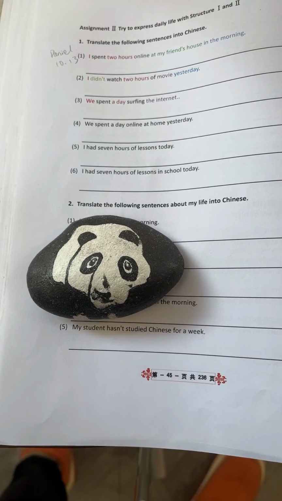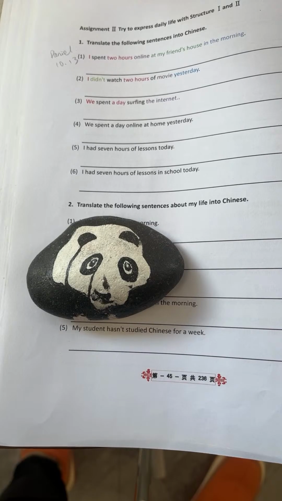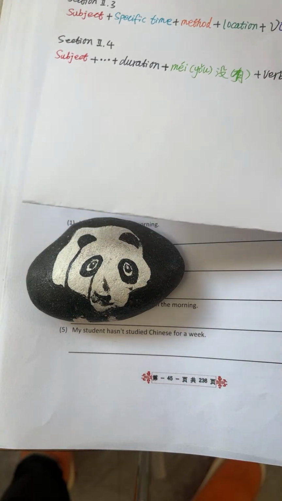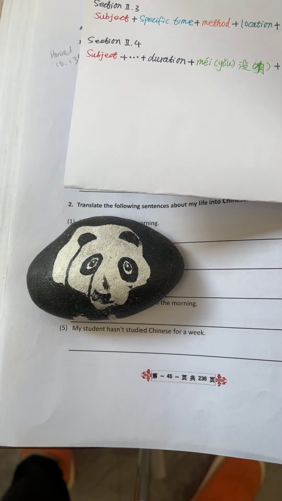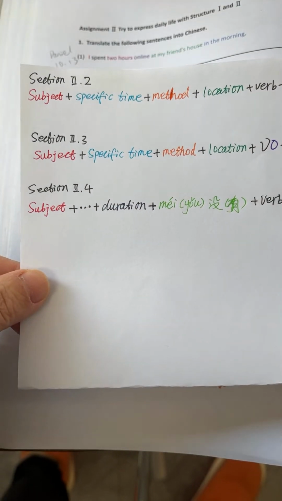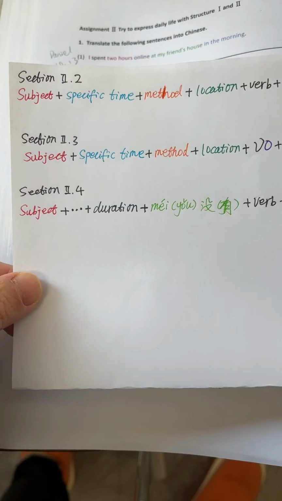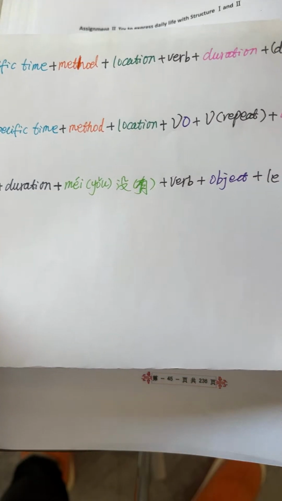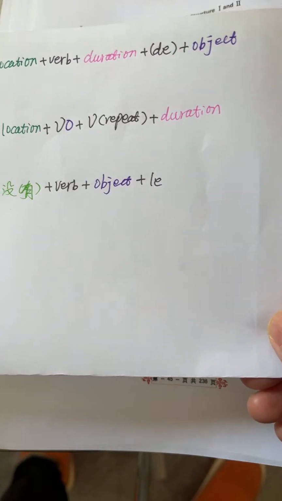In our previous two lessons, we already went through the sentence structures 2.2, 2.3, and 2.4. I just copy them here. We've done these in our previous lessons, right?